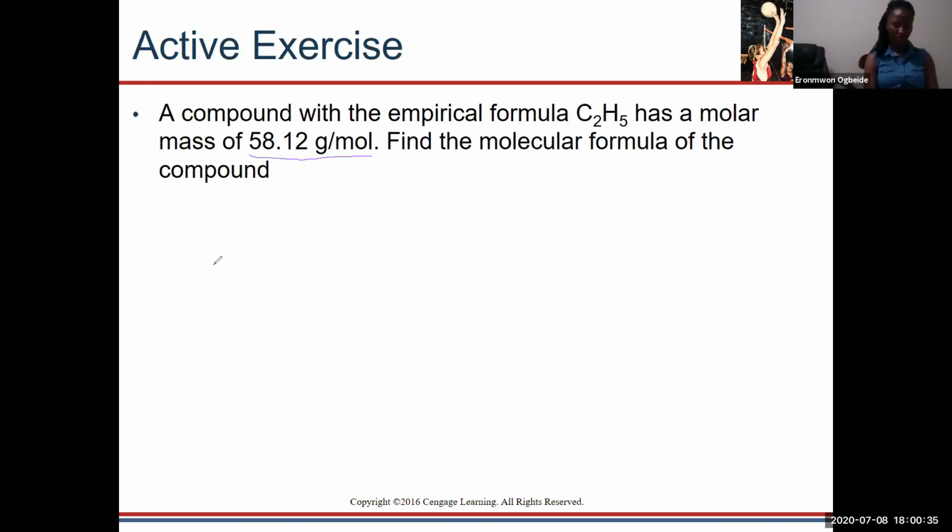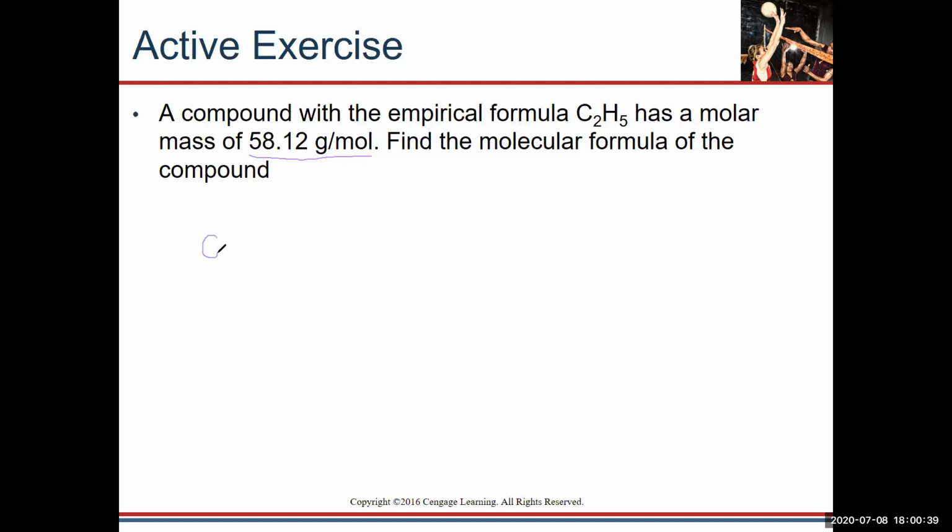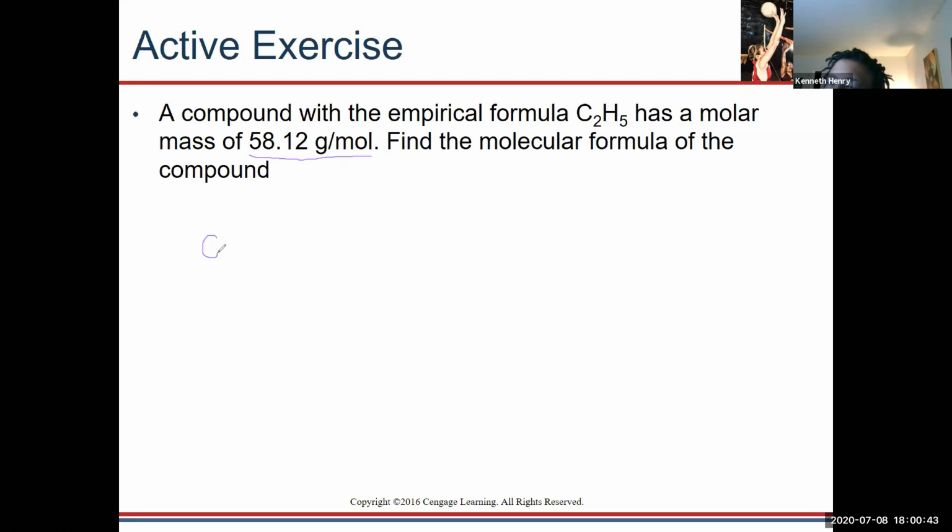We're going to find the number of carbons and multiply by the atomic mass.